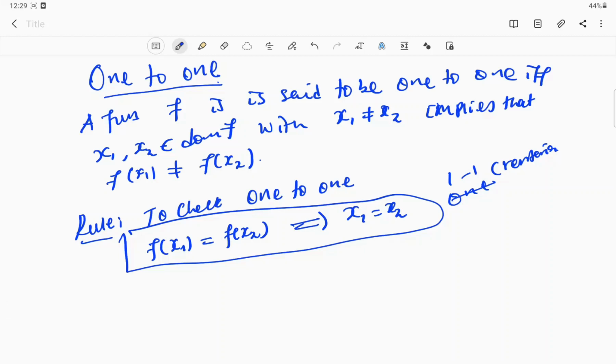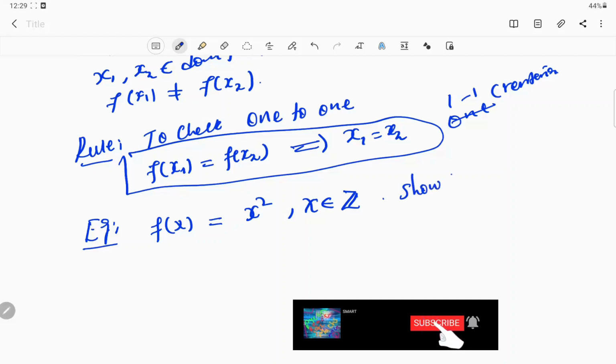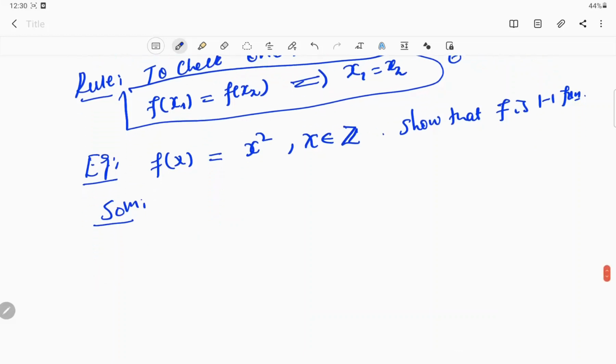For example, let's say f(x) equals x squared whenever x is an element of Z, the set of integers. That's a function. Now let's show that f is not a one-to-one function.